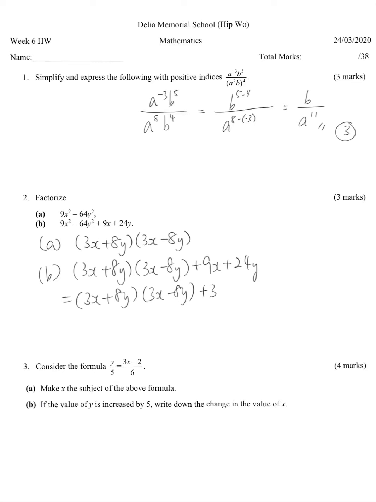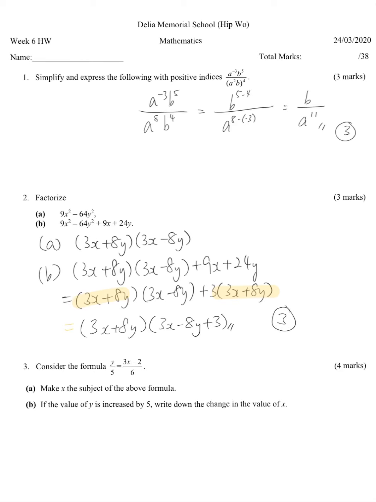So you can see you can take out a 3, which will now make a common term with these two, and those two would then be factorized. (3x plus 8y), and then the leftover is the 3x minus 8y and the 3.